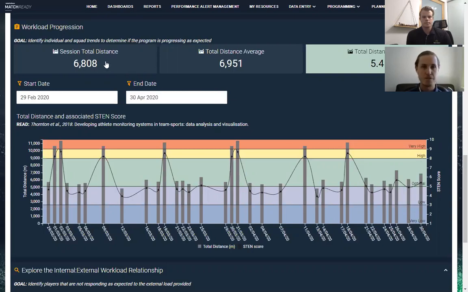Very simple visuals here of where we're at currently in terms of the current session, or this could be a rolling window of some sort, again depending on your fixture, your schedule, how you train. What does this typically look like compared to a similar session, an average of some sort? And then I've just got a really basic display of, do they sit within their standard 10 score?